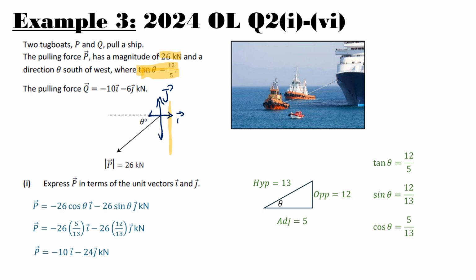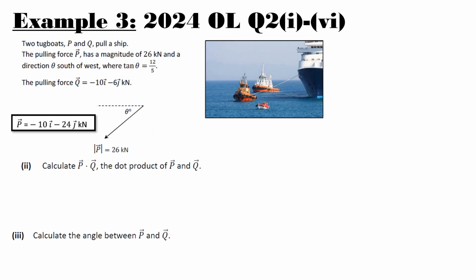Okay, if you didn't put the kilonewtons in, that's fine, but it is representing a force. And if we're asked anything practical in the question, we need to remember that. So now we're being asked to do the dot product of P and Q. I've put P up there and we had Q given to us here in the question.